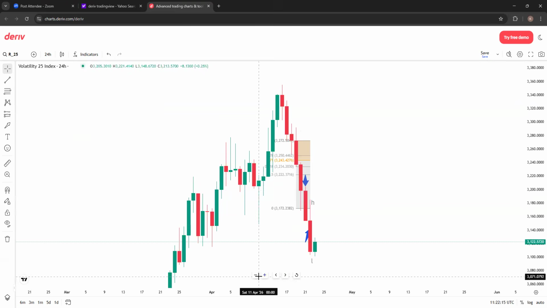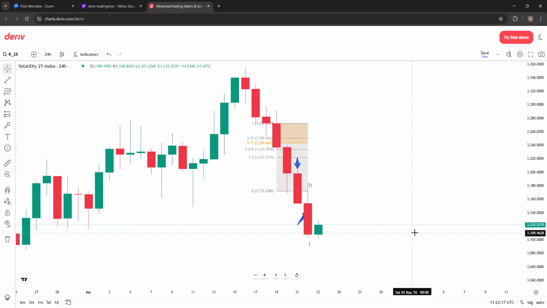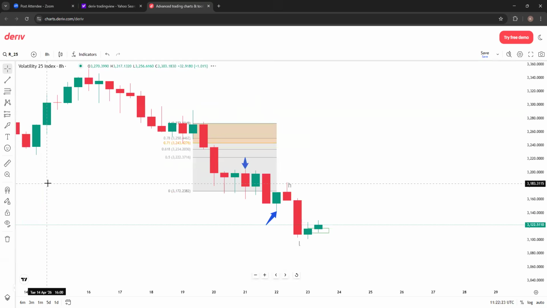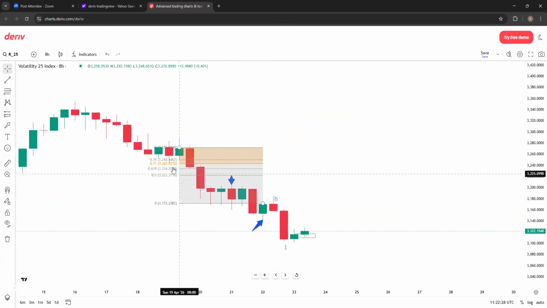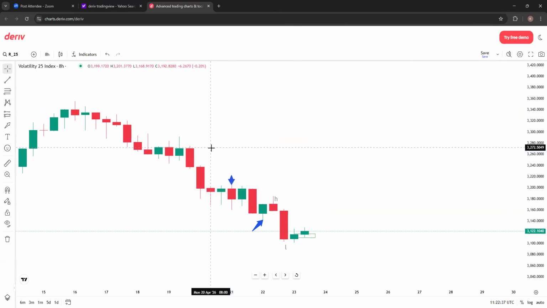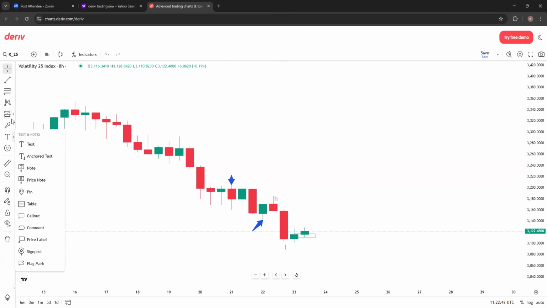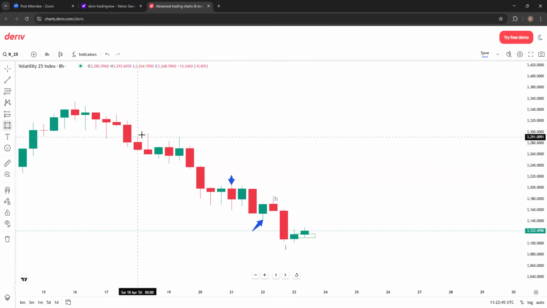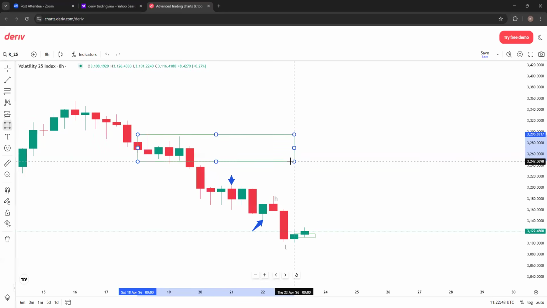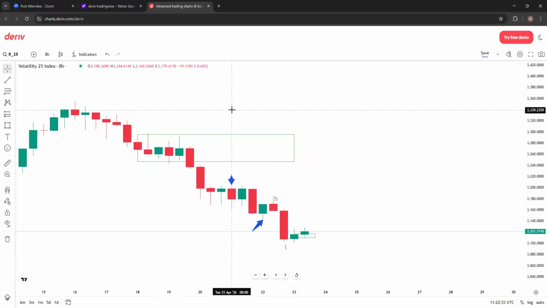If we were to come back to the daily chart, or let's start with the 8 hour. Let me choose a time frame that you can clearly see. On the 8 hour, you can see this is an area where, if we mark it, let me take my rectangle, there's a daily supply zone and an 8 hour supply zone.